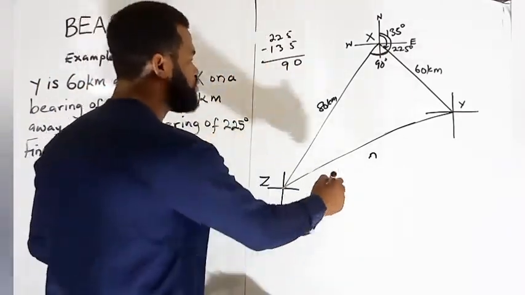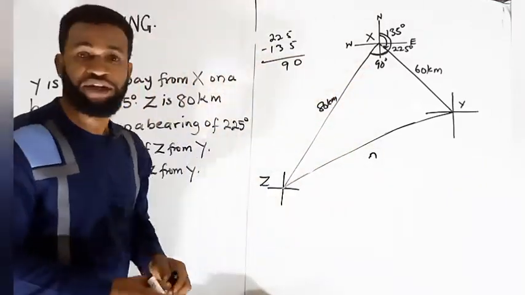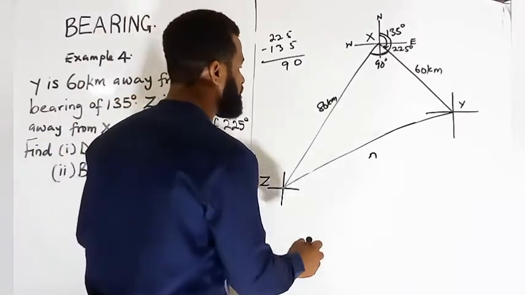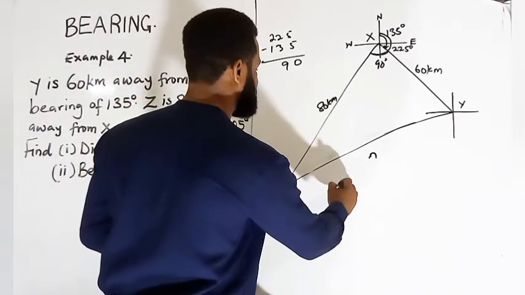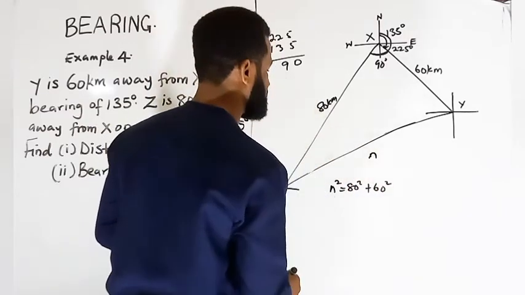I am going to use Pythagoras theorem, because whenever you have a right angle triangle, you must apply Pythagoras theorem. So I'm going to say that N square is equal to 80 squared plus 60 squared.